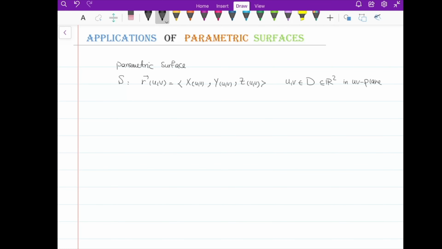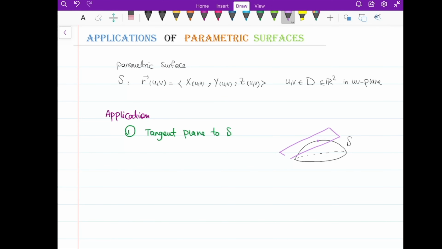Okay, so one application of these parametric surfaces is to find the tangent plane to the surface S. Assume that we have, for example, this is my surface in R3, and then I'm looking for the tangent plane to this surface at the point P, for example.